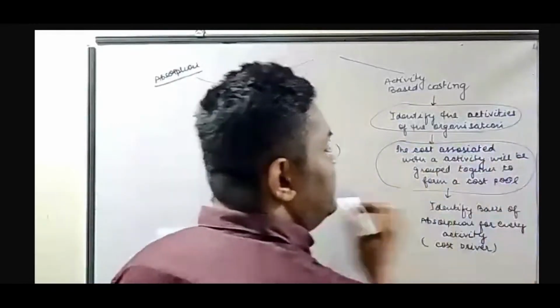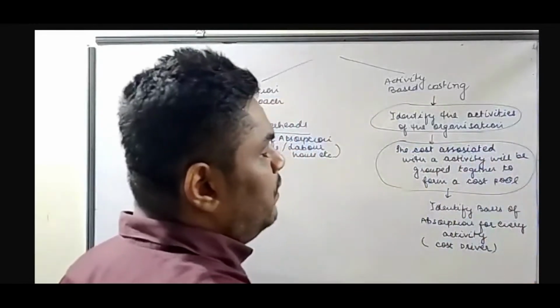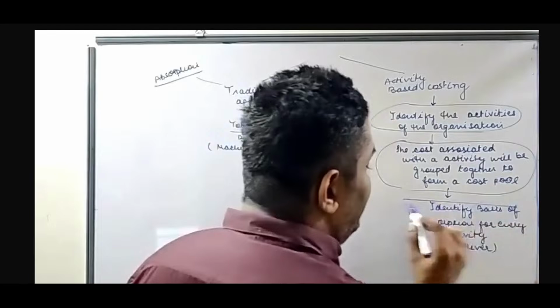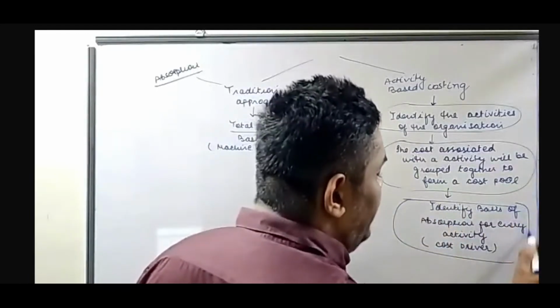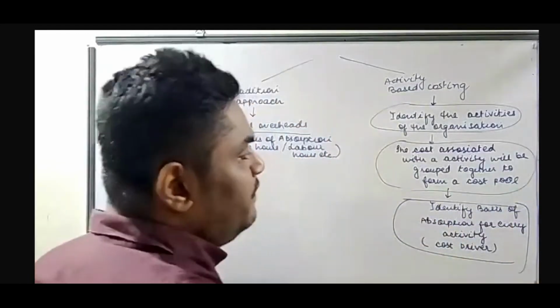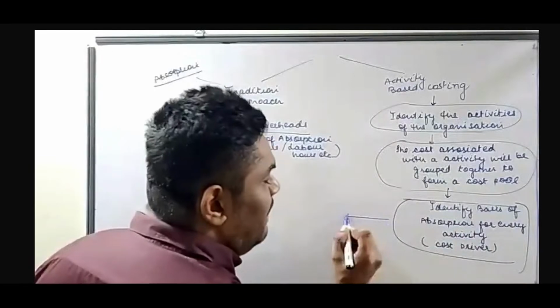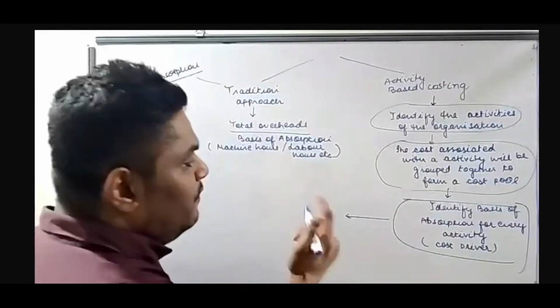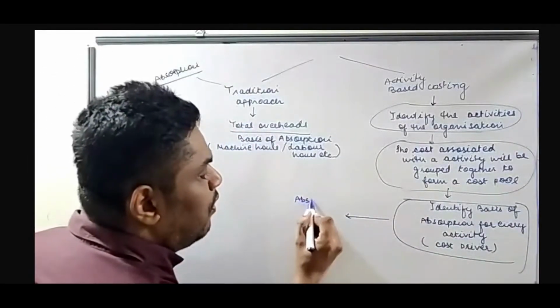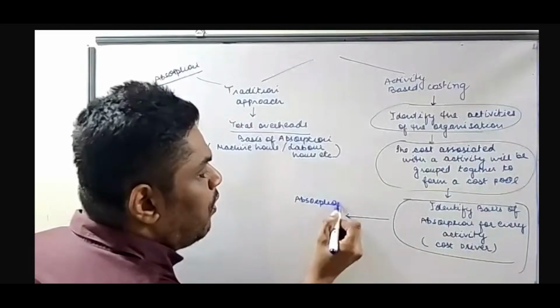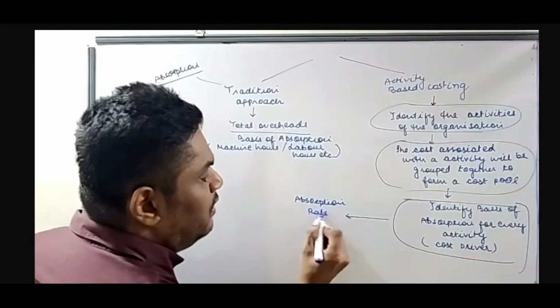So first, identify the activities of the organization. Second, the cost associated with an activity will be grouped together to form a cost pool. Third thing, identify the basis of absorption for every activity. We call it as cost driver. And then once the amount and the cost driver is ready, we will calculate the absorption rate.